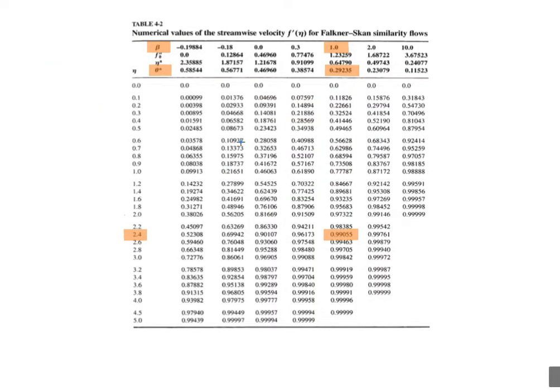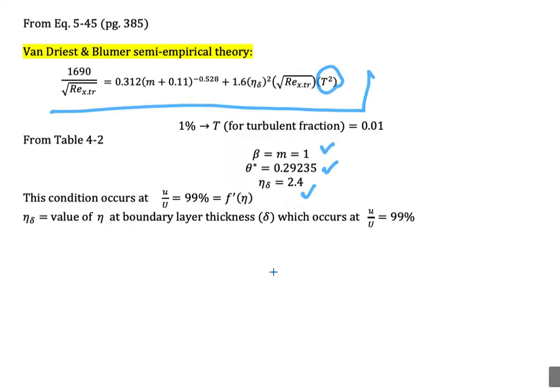So we get the eta is 2.4 because we need to get the value of 99%. The condition occurs where U over U is at 99%. So this is the condition of the boundary layer.